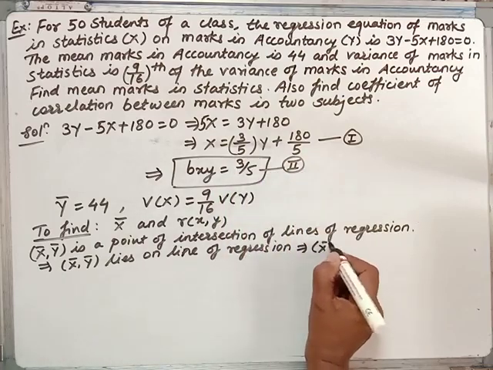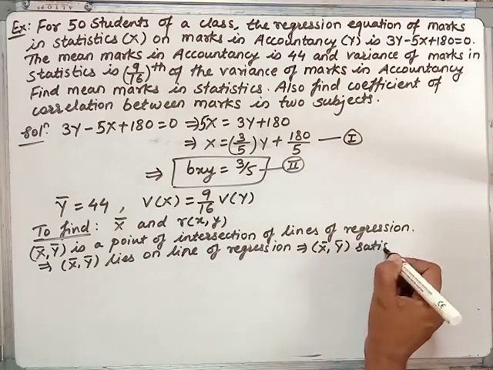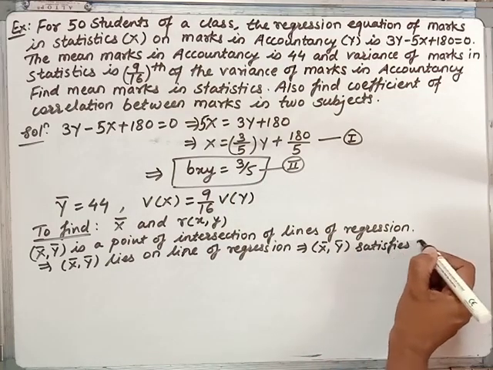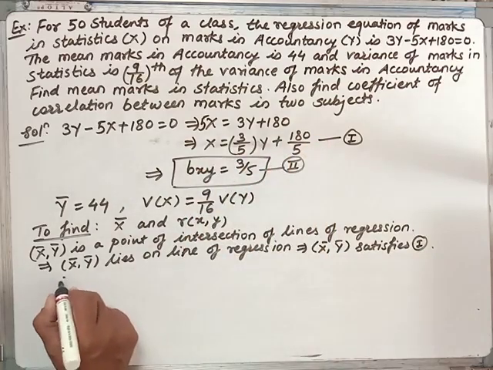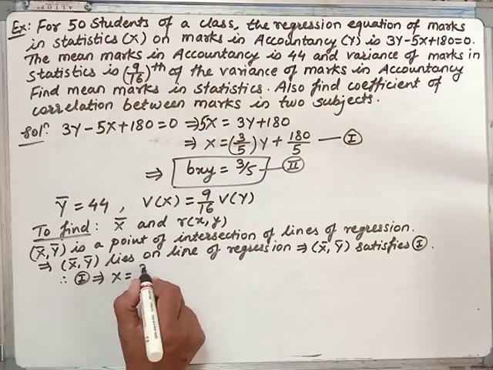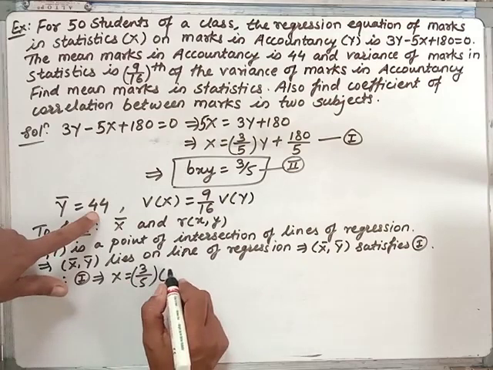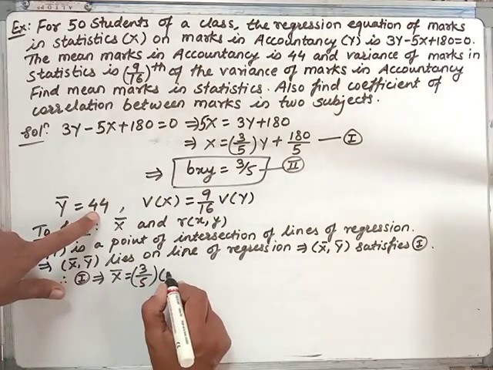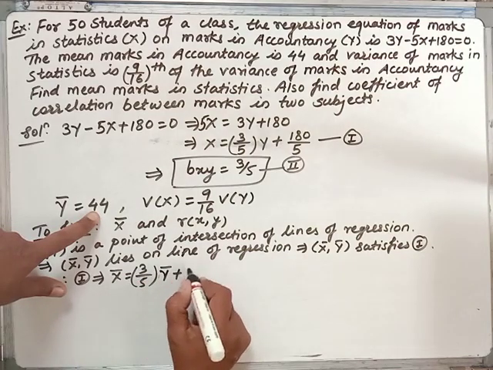Therefore, x bar, y bar satisfies equation 1, which is x on y. Therefore, x bar is equal to 3 by 5 times y bar plus 180 by 5.